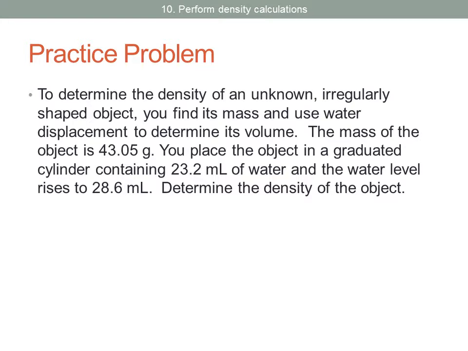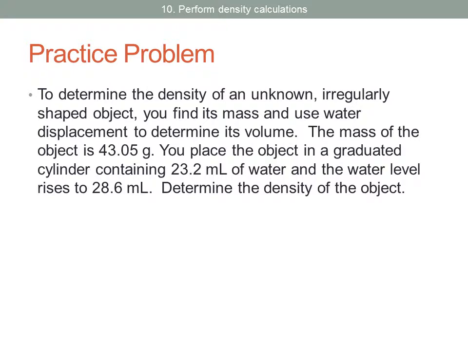Next question. To determine the density of an unknown, irregularly shaped object, you find its mass and use water displacement to determine its volume. The mass of the object is 43.05 grams. You place the object in a graduated cylinder containing 23.2 milliliters of water, and the water level rises to 28.6 milliliters.